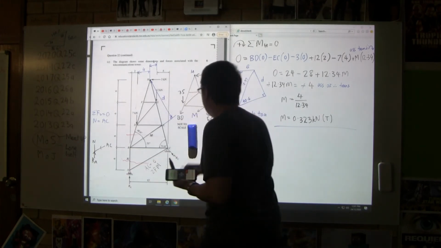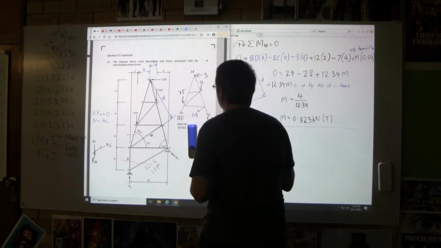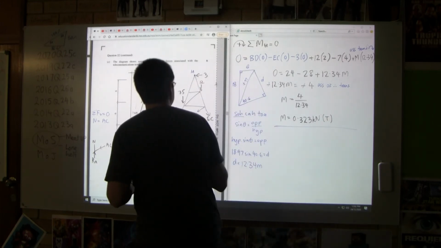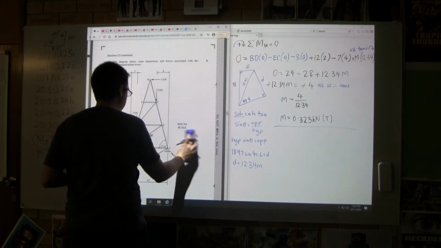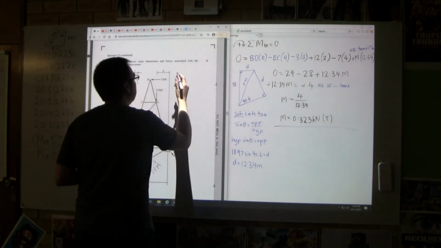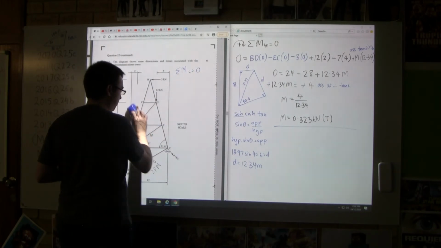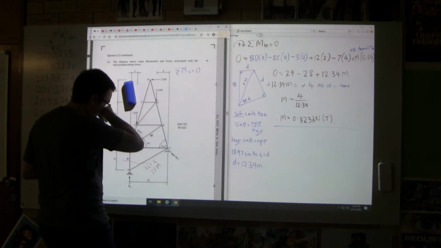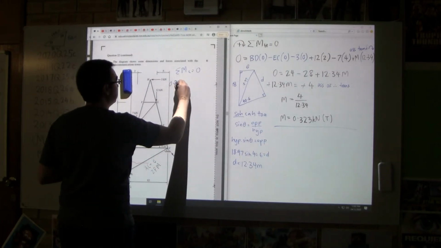To find RA, we need to take the sum of the moments about, I guess I can clear this space up here. Okay, we're going to take the sum of the moments about C equal to 0. So measuring from C, let's find all the forces. Okay, there's RC, 0 equals RC bracket 0.